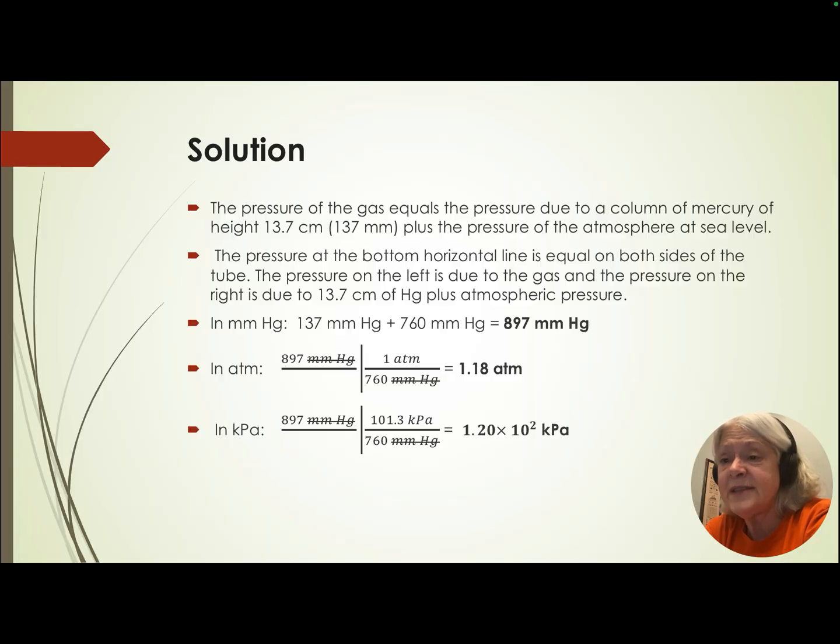To the correct number of sig figs, we'll have 897 millimeters of mercury. In the last two bullet items, I've simply done a one-step conversion using my knowledge that 1 atmosphere is standard pressure, 760 millimeters of mercury is standard pressure, and 101.3 kilopascals is standard pressure. Notice that I've maintained correct sig figs, 3 significant figures, for all 3 solutions.